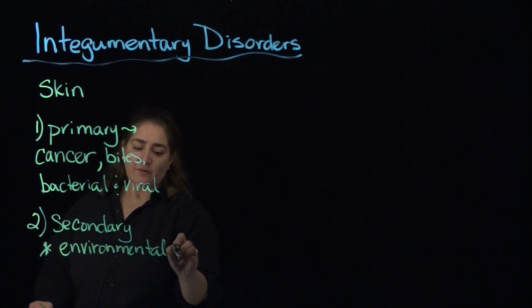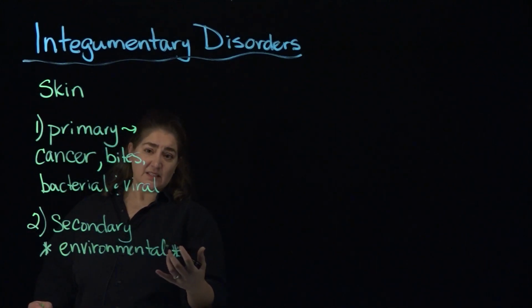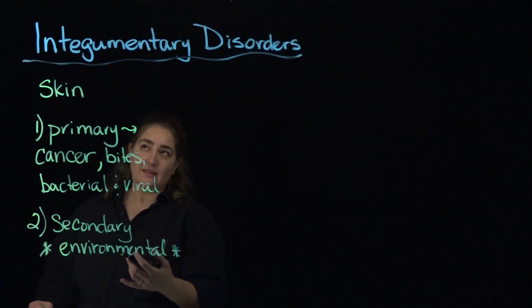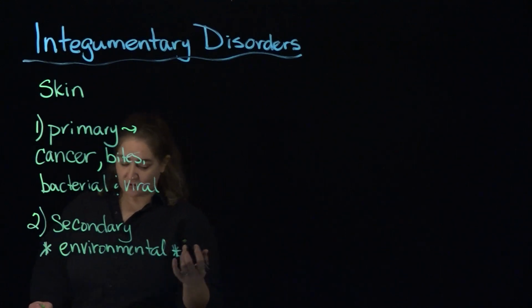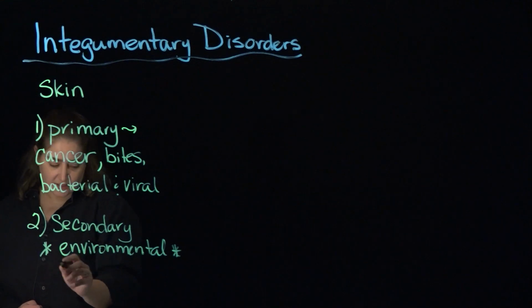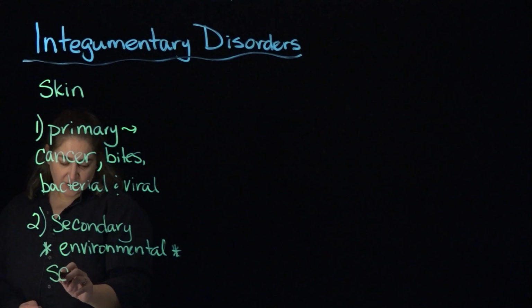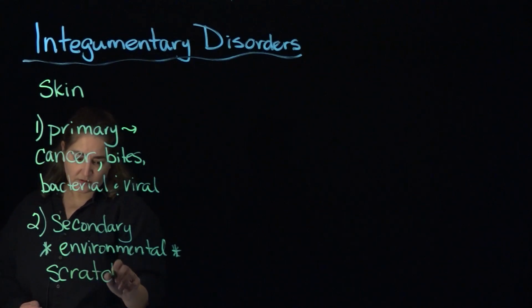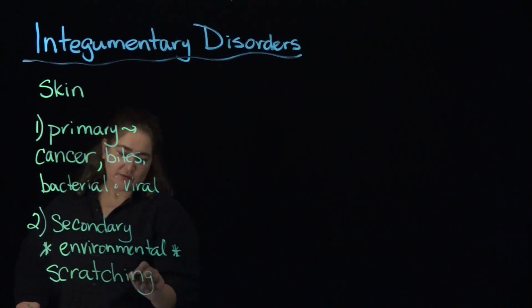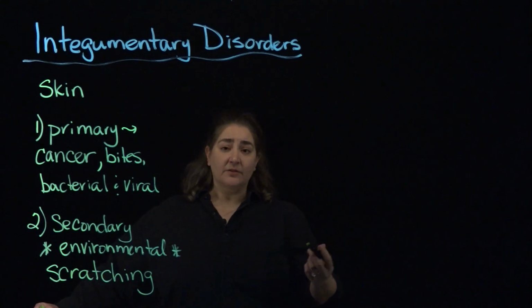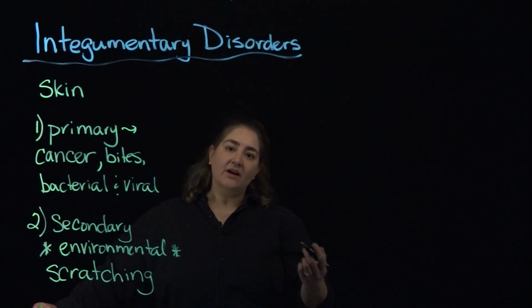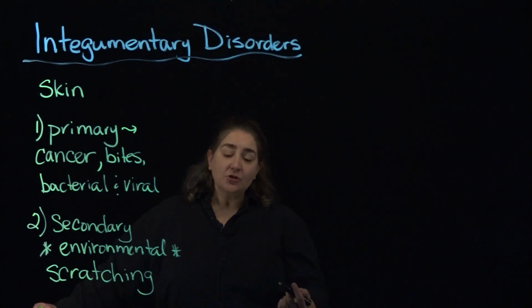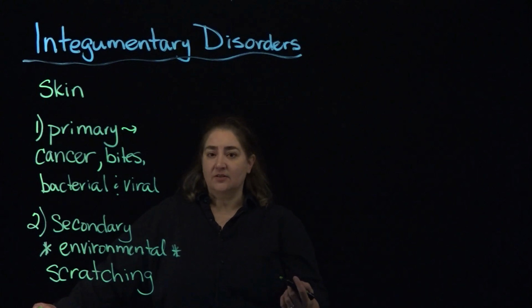Really the biggest cause of the secondary types of lesions associated with the integumentary system, the thing that goes along with skin issues, is that they itch. So the individual scratches, and that causes further damage to the cells associated with the skin.